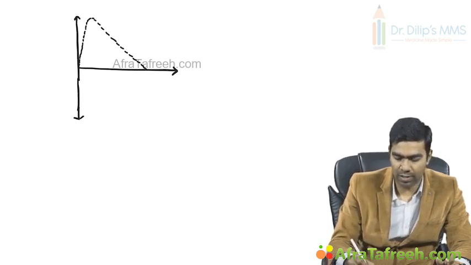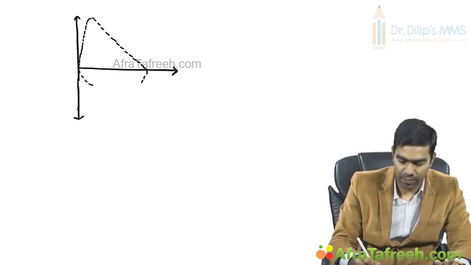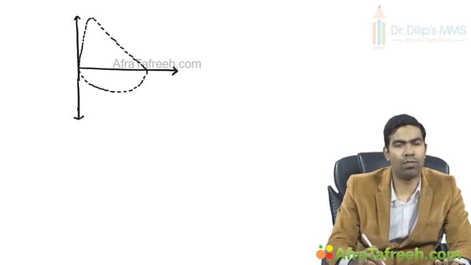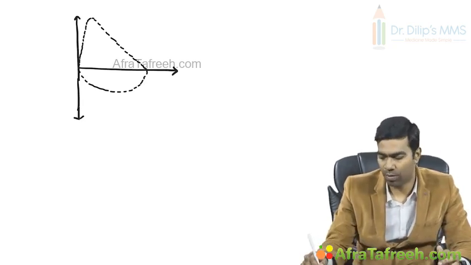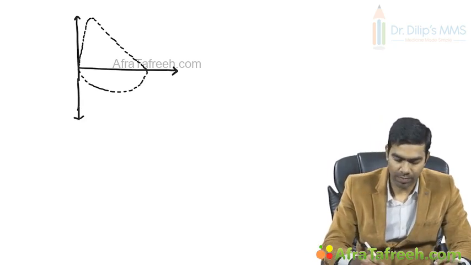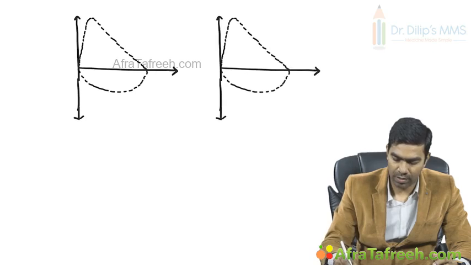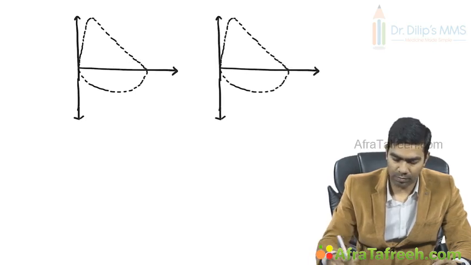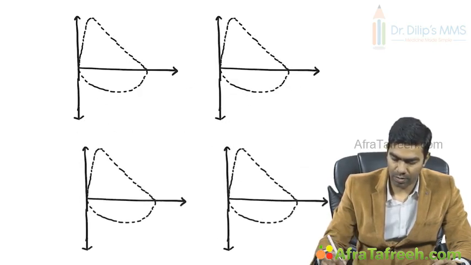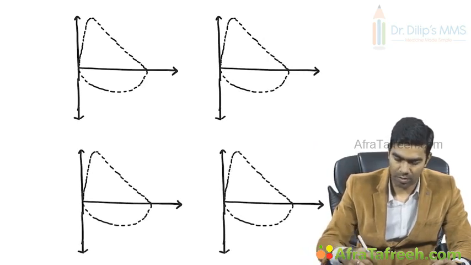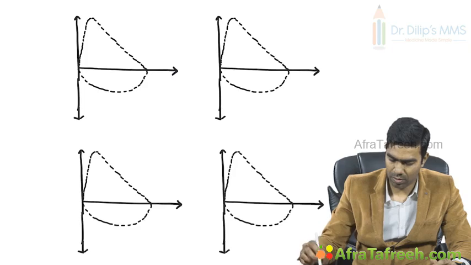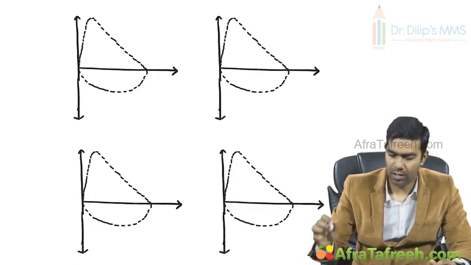So these dotted lines are going to be your normal flow volume loop, the baseline. So let us duplicate this. Clear?